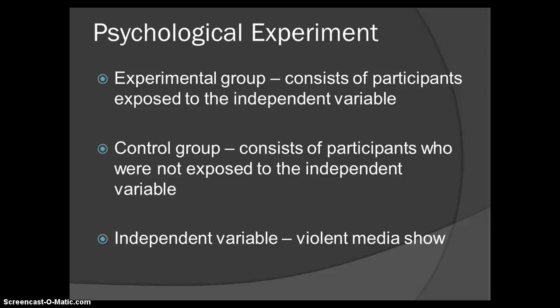So the control group consists of people who were not exposed to the independent variable. And if you see a difference, given that everything else is the same, between the experimental group scores and the control group scores, you can attribute that difference to the independent variable.